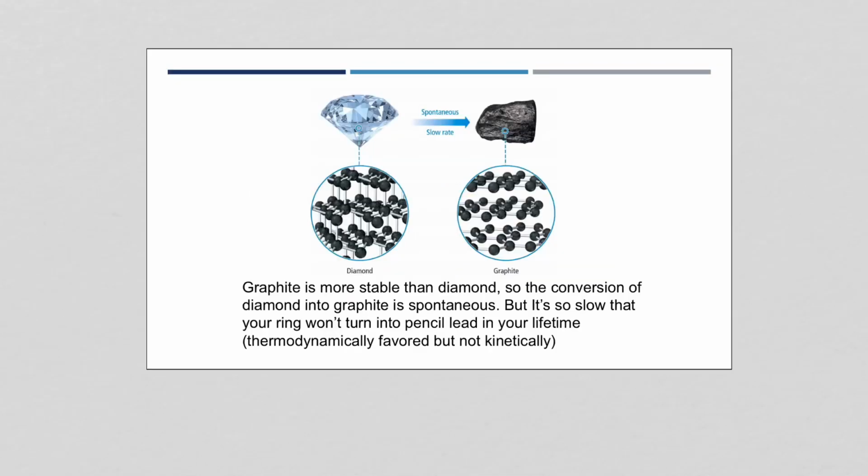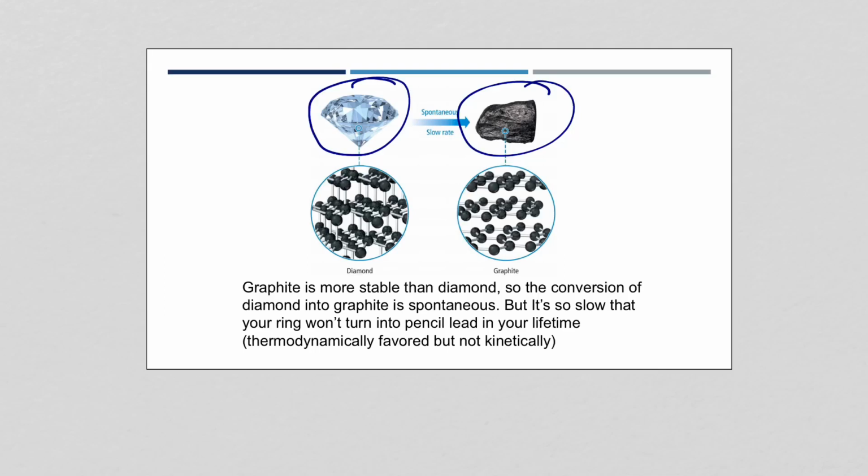I mentioned earlier that we don't want to confuse thermodynamic spontaneity with kinetic favorability, or something being fast or slow. So just to give an example here, it is thermodynamically favored for diamond to convert to graphite. This reaction to take a diamond and convert it into graphite is spontaneous, so it's thermodynamically favored.